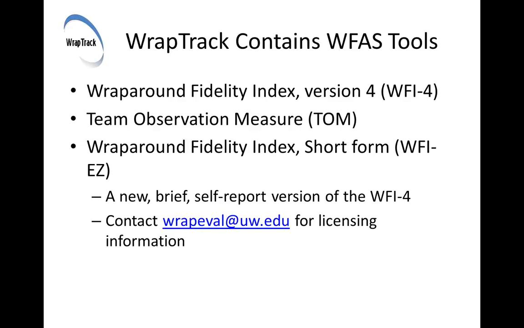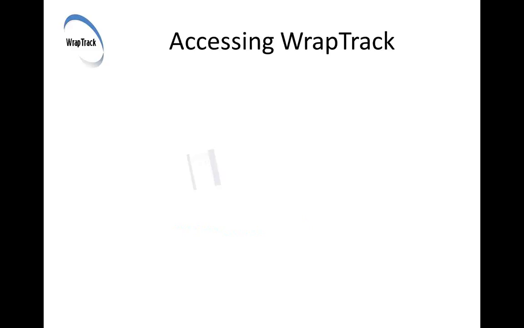So instead of having someone sit down with a caregiver, for example, and interview them, you can just walk through it with them if that's necessary, or give them a link to access a computer, and they can take it right online, or they can complete it themselves on paper, and then someone can retrieve that information and enter the data. So there's a couple of different options. And again, if you're interested in hearing more about the Wi-Fi 4, just let me know, and I can share some more information about that.